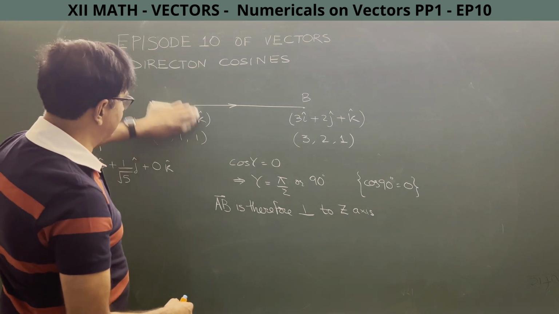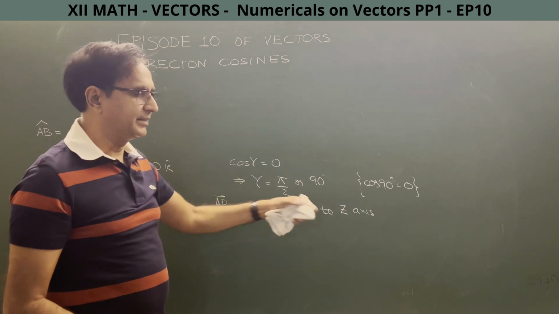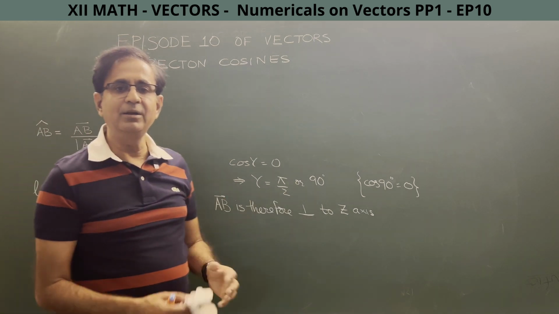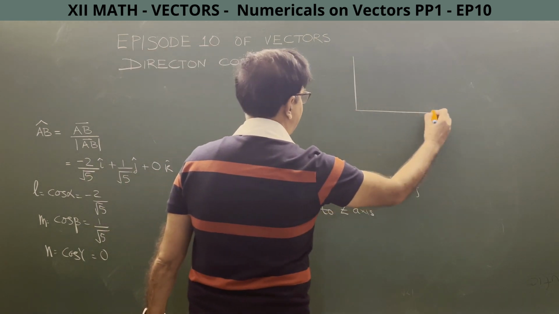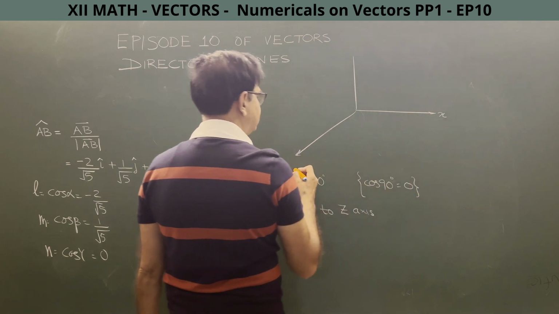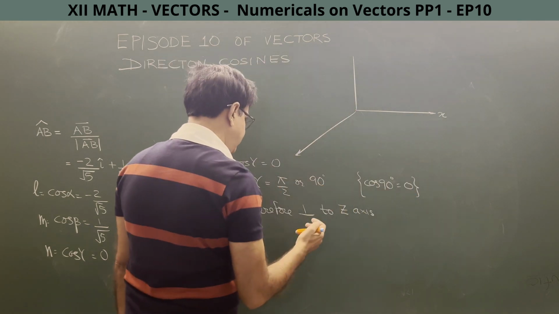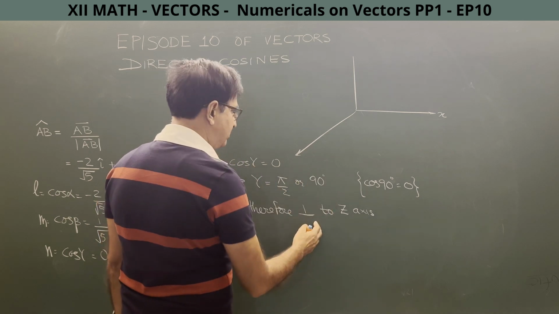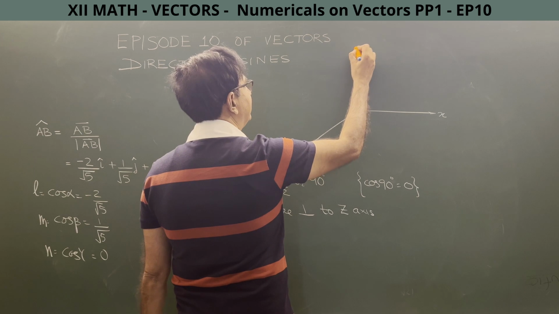Now what does that imply? If any vector is perpendicular to z axis, it is automatically parallel to xy plane. Now you see, if this is x, and let me write for the sake of understanding y here and z here.